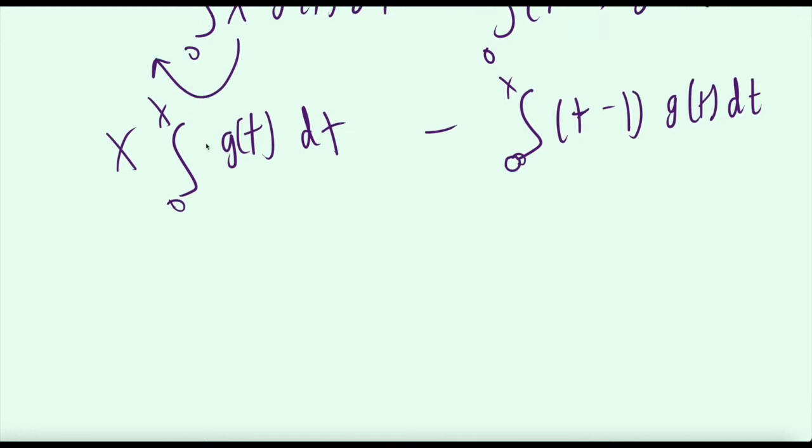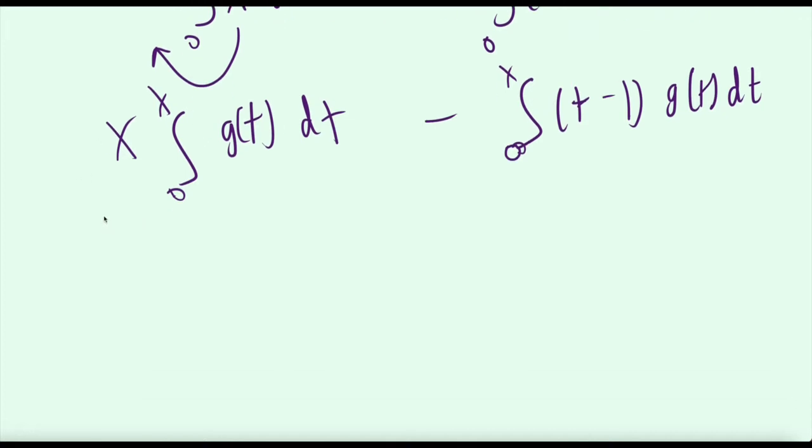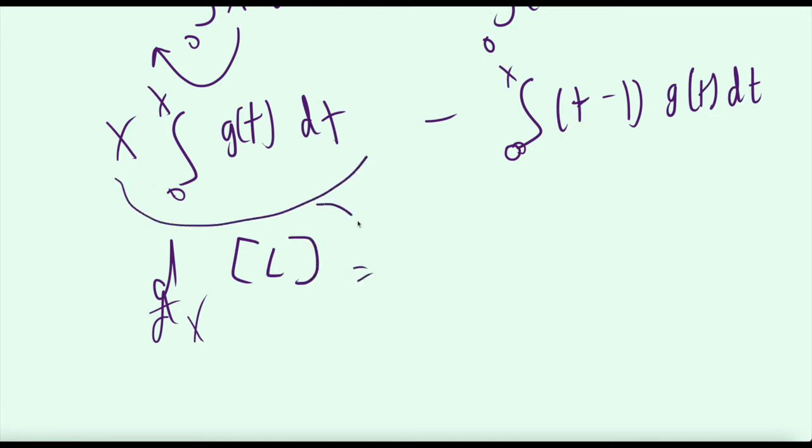So the derivative of the left side is the derivative of this thing minus the derivative of this thing.